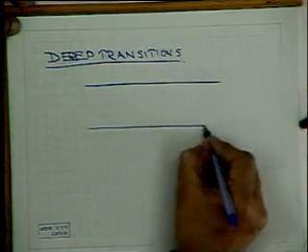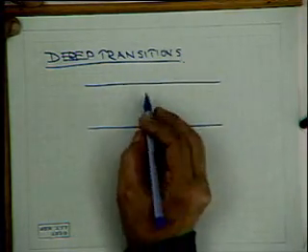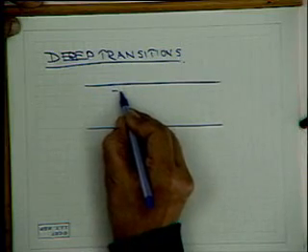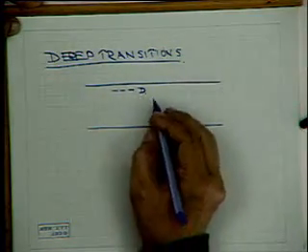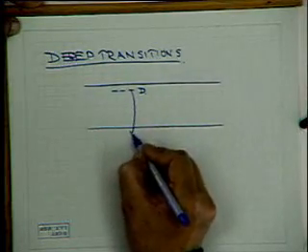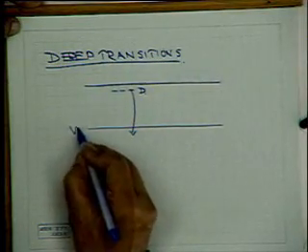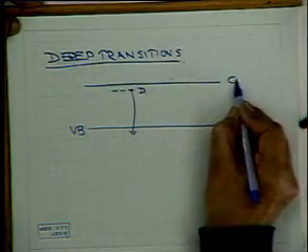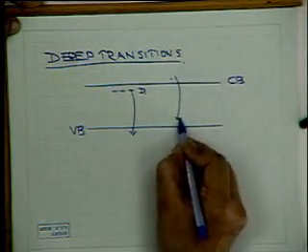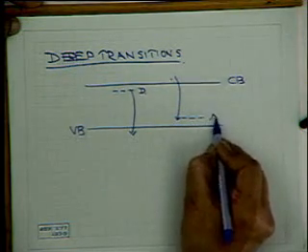For example, just as in the case of absorption, if you have a semiconductor with donor levels, then one can get transition of electrons from the donor to the valence band, or from the conduction band into acceptor levels.